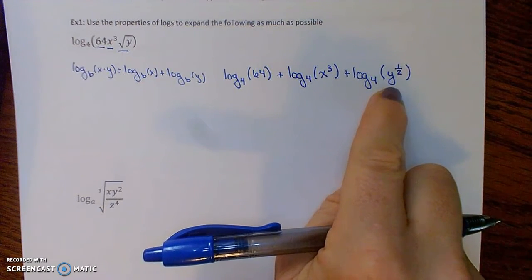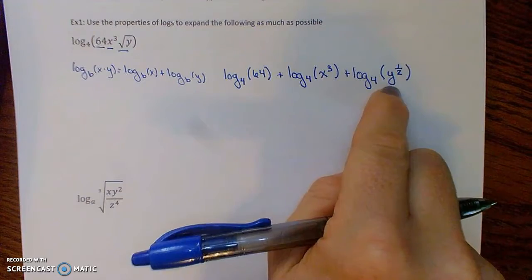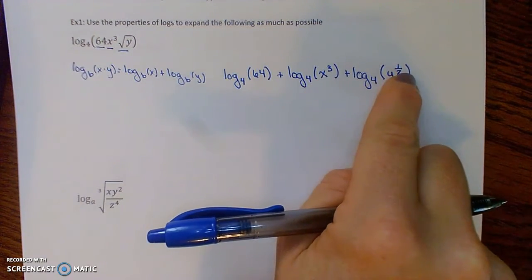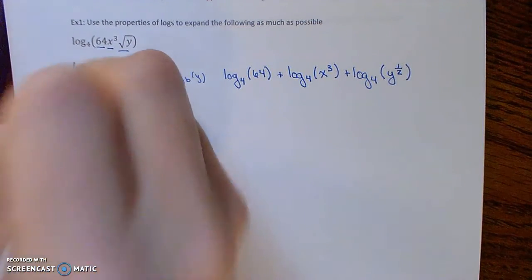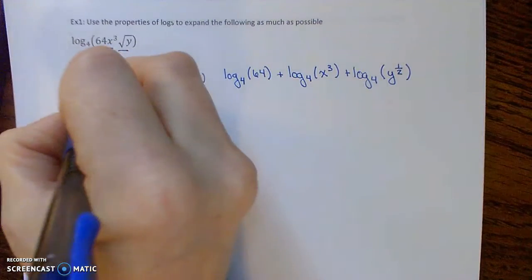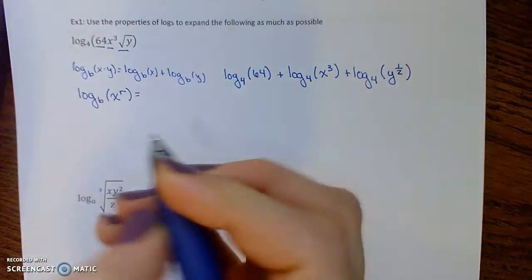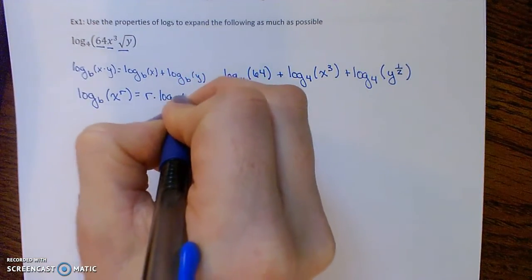All right, the next thing that I'm going to do is, because I have powers here inside the logarithm, I'm going to use the power property that says log base b of, say, x to the r, could be written as r times log base b of x.